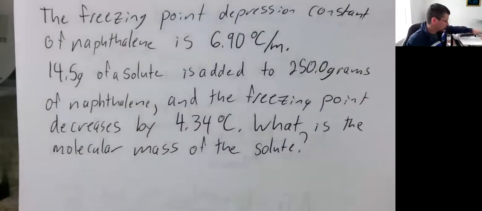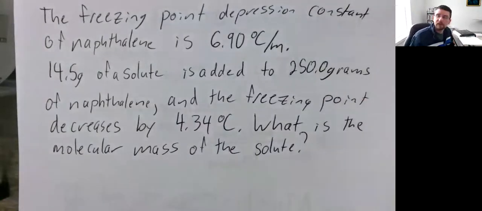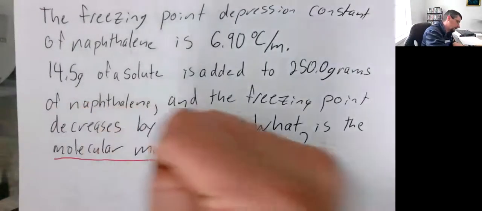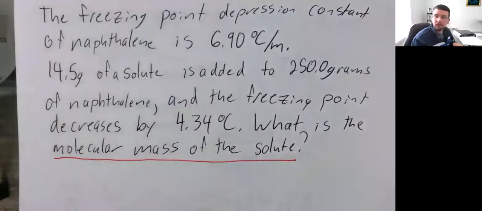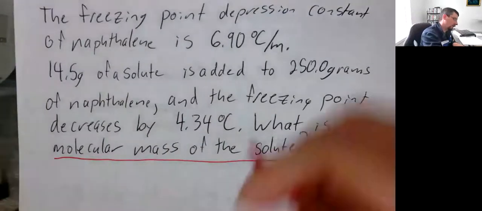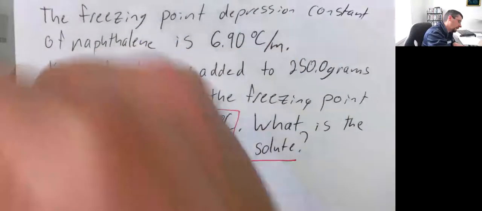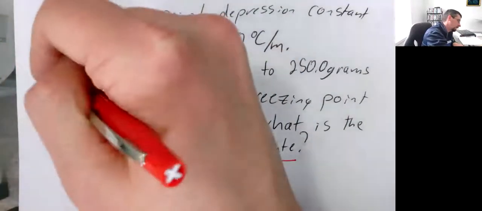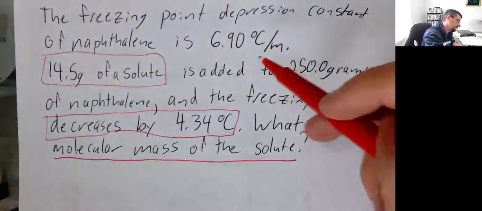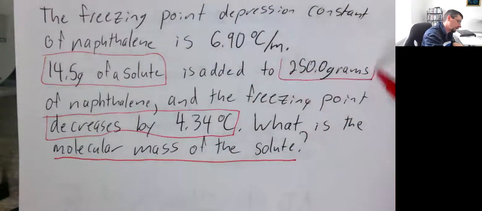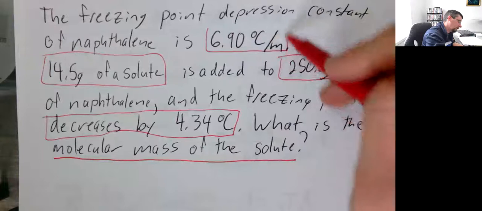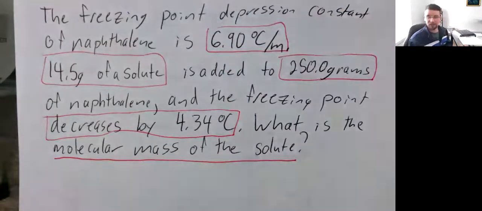Okay, so let's take the approach. Let's underline what we're looking for: molecular mass of the solute. Let's box important information. We know that the freezing point decreases by that many degrees C, we have that many grams of solute, this many grams of solvent, and our freezing point depression constant is that value.